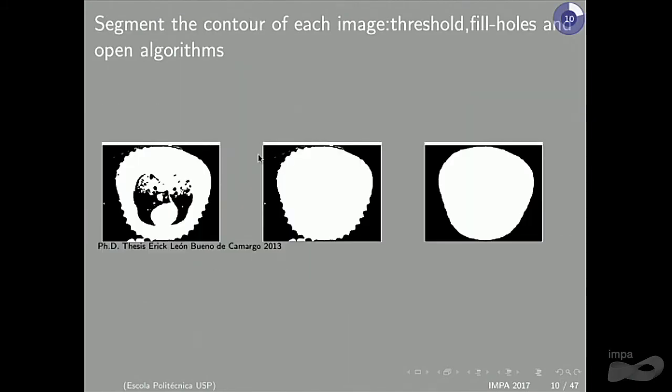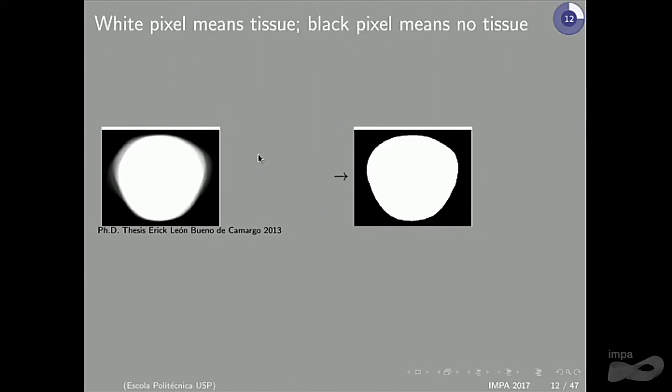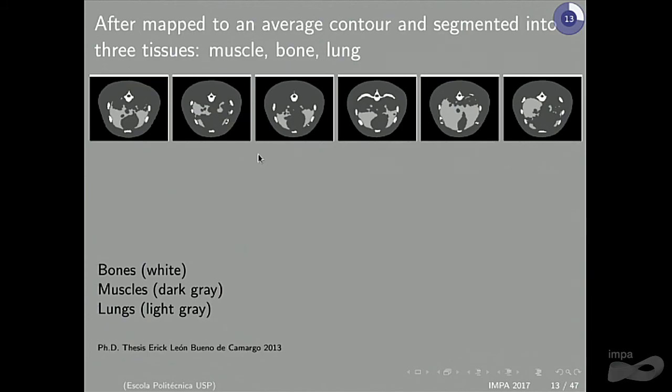And so we segmented all of those images, and we found a common domain. We enforced that all the rib cages had the same height and the same width, and we found a common domain.